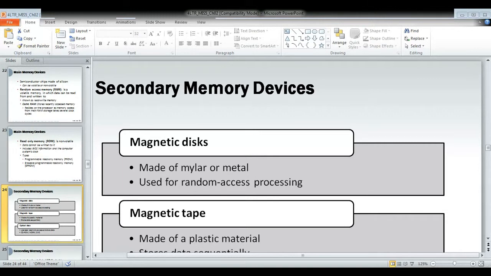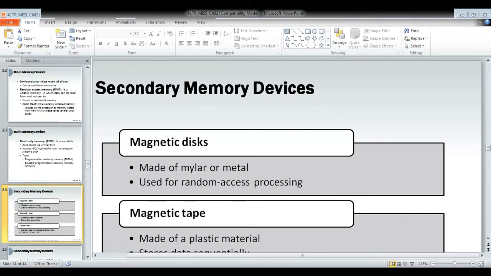So in the secondary memory devices, we also have something called magnetic disk. Magnetic disk is another type of memory. Also, we have something called magnetic tape, which is made of a plastic material and resembles a cassette tape.